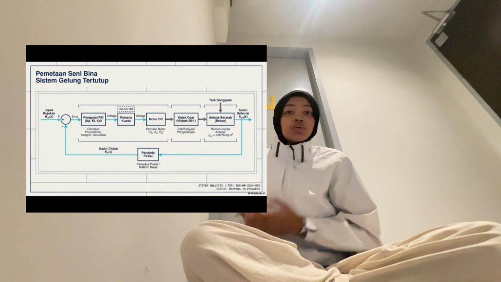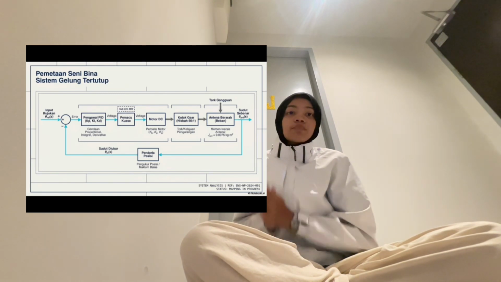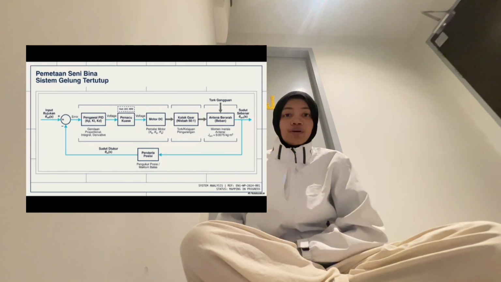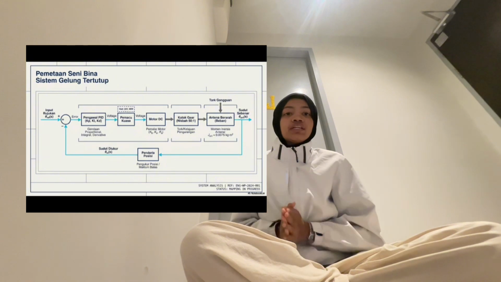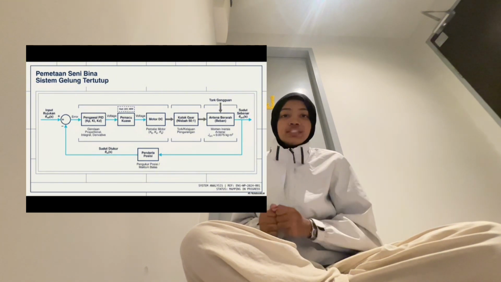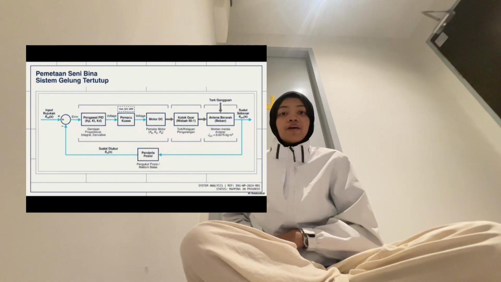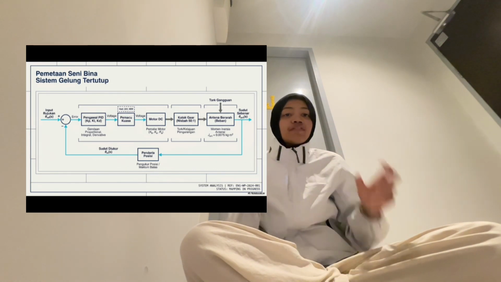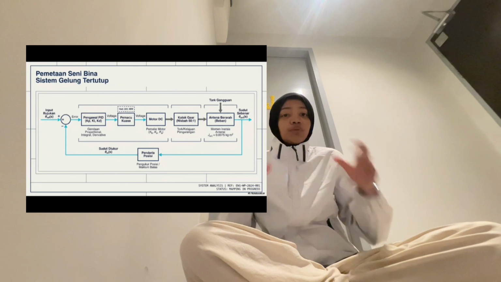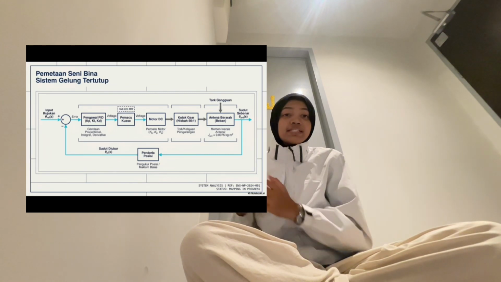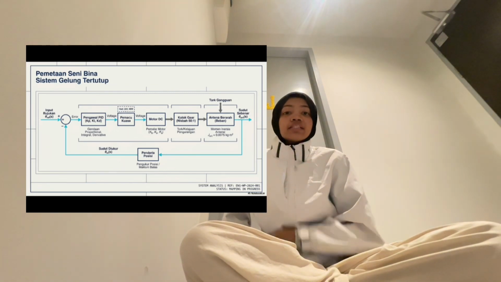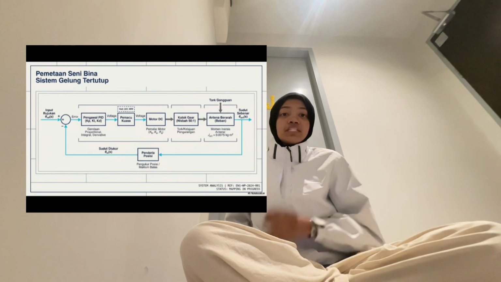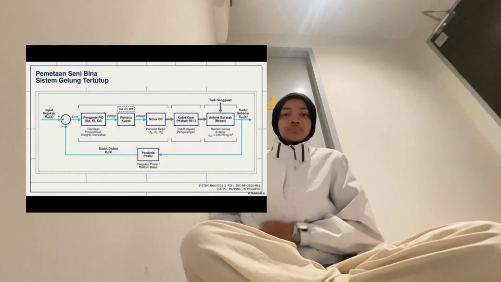This slide shows the closed loop block diagram of our system. The process begins with the reference input, which is the desired antenna angle. Second, the controller compares this reference with the actual antenna position received from the feedback sensor. The difference between them is called the error signal.